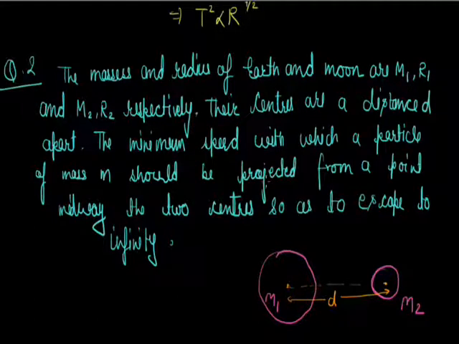We have to find the minimum speed with which a particle of mass m should be projected from a point midway between the two centers. Suppose a point P, here the mass m is placed, and we have to find its minimum speed so as to escape to infinity.